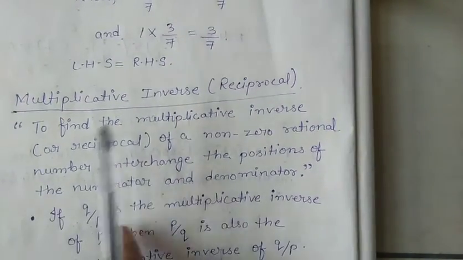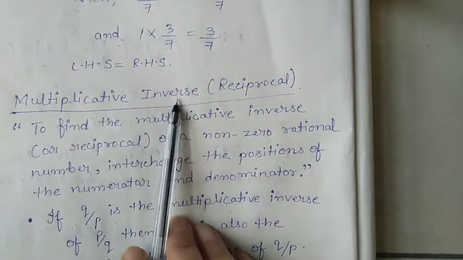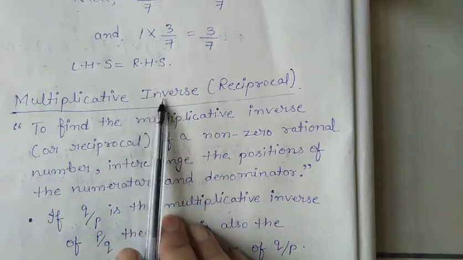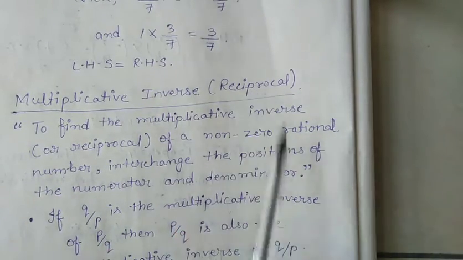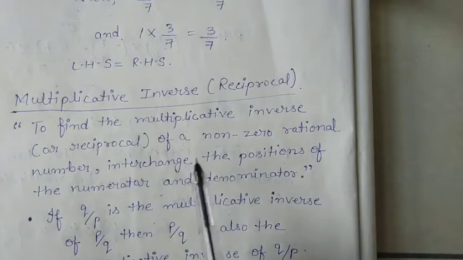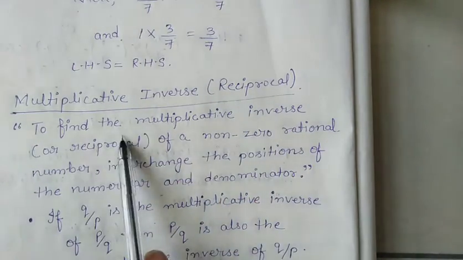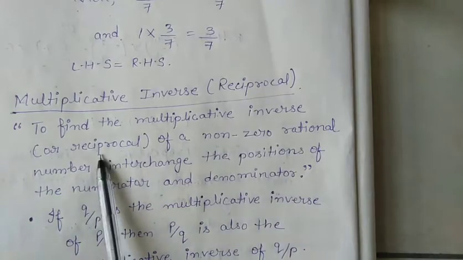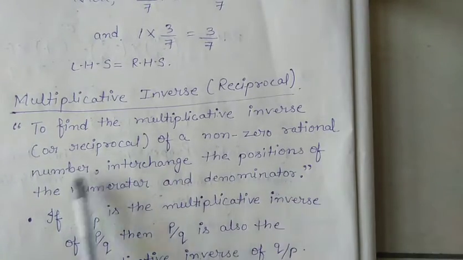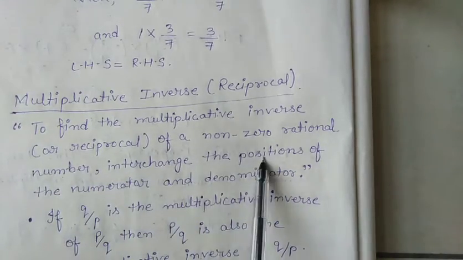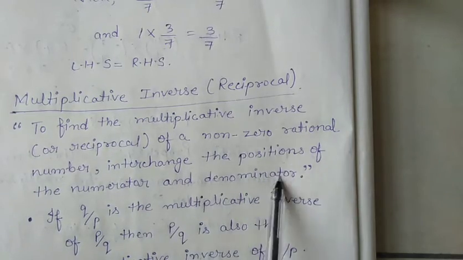Our fifth property is the multiplicative inverse, and the second name of multiplicative inverse is reciprocal. Is that clear? I repeat once again, the second name of multiplicative inverse is reciprocal. To find the multiplicative inverse or reciprocal of a non-zero rational number, interchange the positions of the numerator and the denominator.